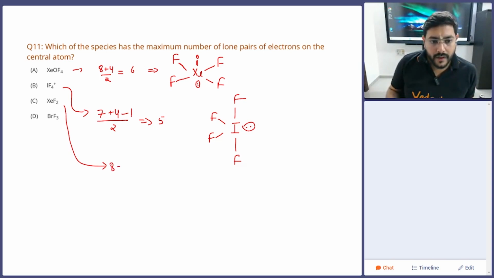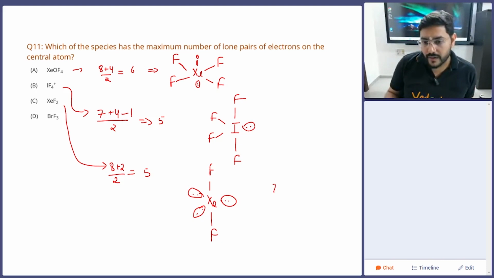XeF2: 8 plus 2 divided by 2, so that will be 5 again. Yes or no? So here Xe and here fluorine and fluorine. 2 bond pairs, 3 lone pairs. So 3 lone pairs are present in XeF2. BrF3: 7 plus 3 divided by 2, that will be 5. sp3d hybridization, 3 bond pairs and 2 lone pairs.